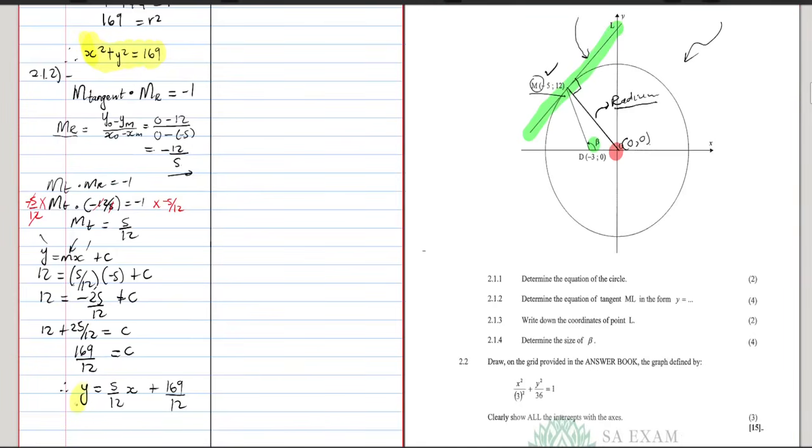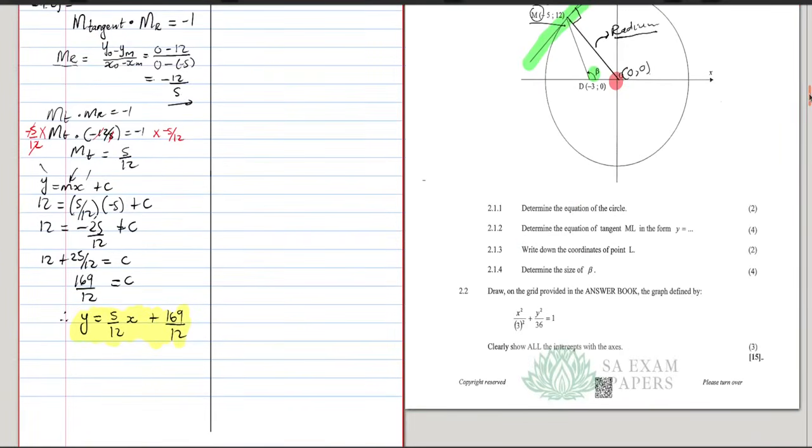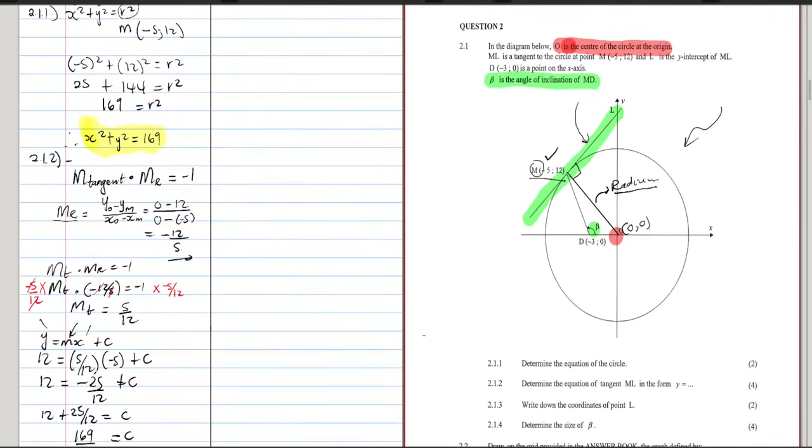Alright, let me just highlight it like this. Next up is to write down the coordinates of L. Now, they say write down, not calculate. The C value of that straight line, they did mention that L is the y-intercept of line ML.